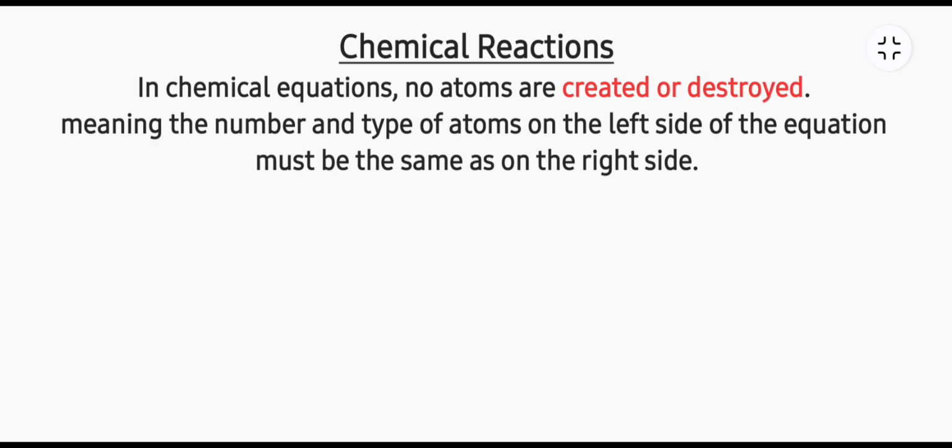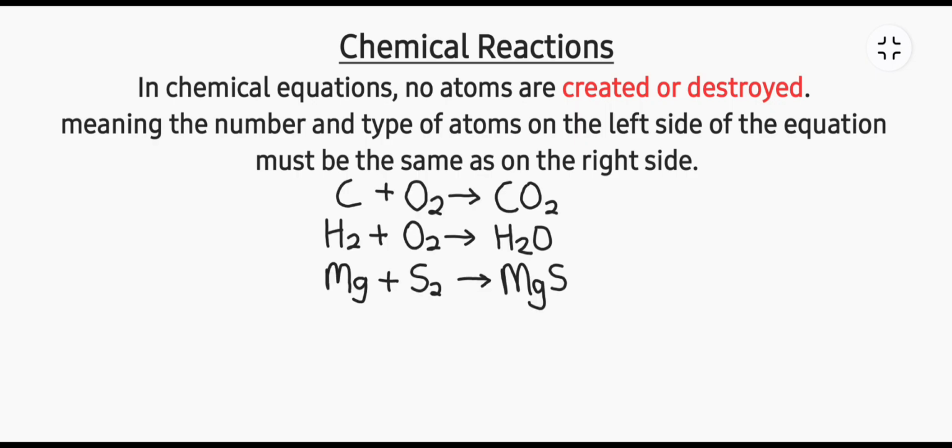So in a chemical equation, I'm not required to create or destroy the atoms they gave me. The atoms on the left will remain like that, and those on the right will remain like that. The number would remain like that and the type would remain like that. Let's consider this example.